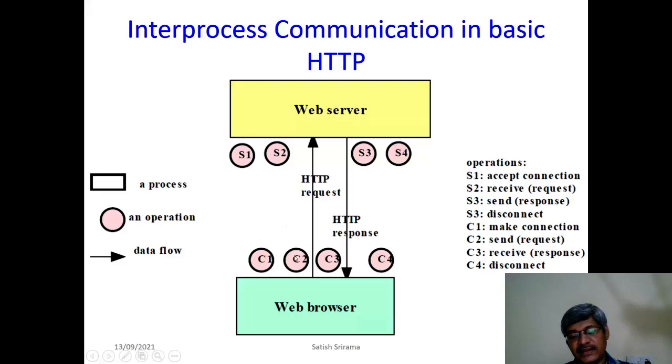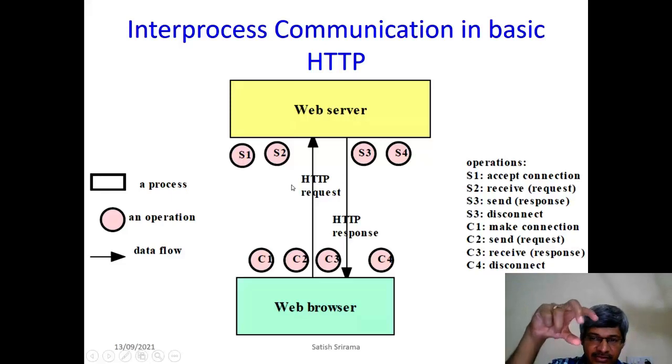Then the web browser will send a request. The request is the information, like a URL, that it is trying to send. From the web server's perspective, it is receiving the request.